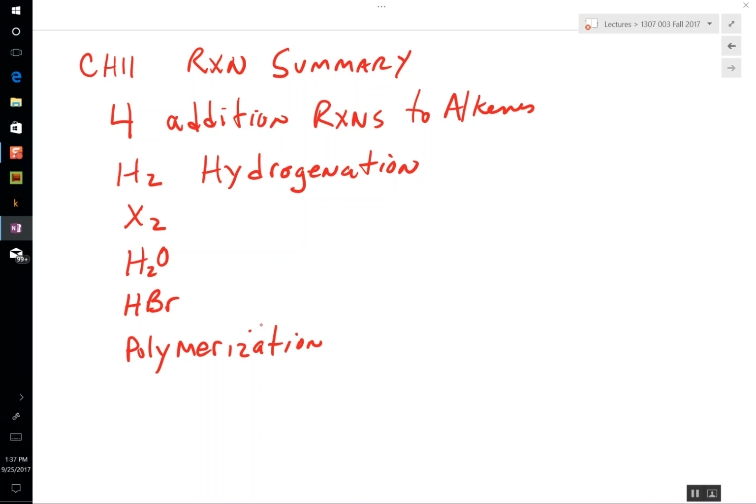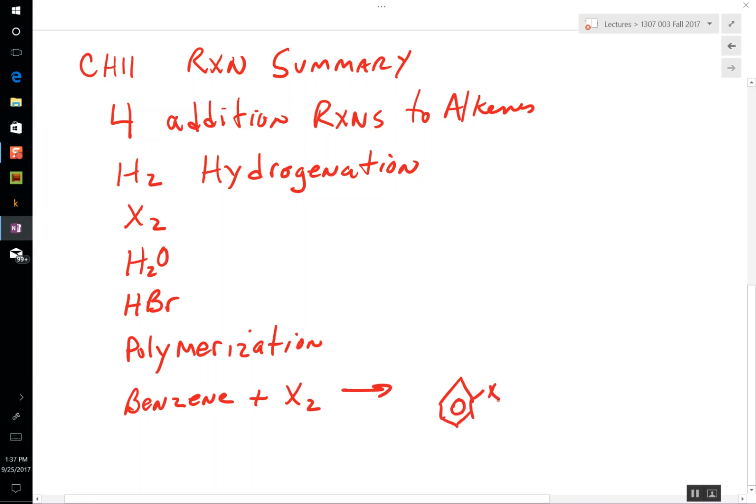Well, there's one other reaction. What is the other reaction? Oh, okay, the other reaction is benzene plus a halogen, the halogenation of benzene. And remember, what you're going to get here is you're going to get 1 X and HX.